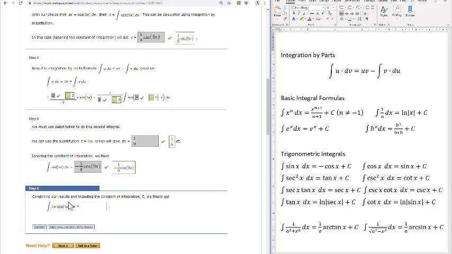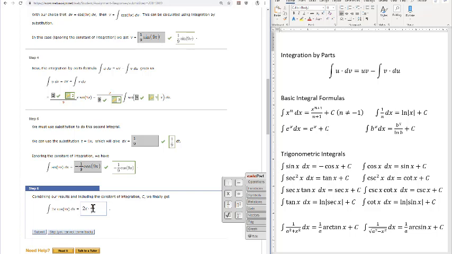So let's combine everything. The integral is going to be 2x sine 9x over 9. So let's put 2x here, and then we have times a 1/9 sine 9x, minus the integral that we just got.